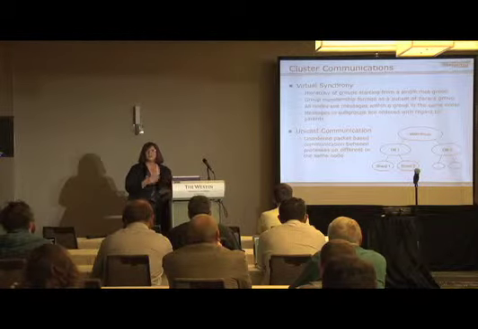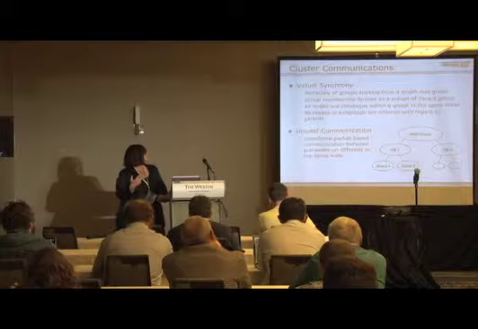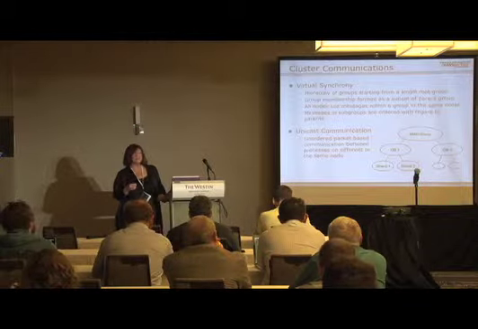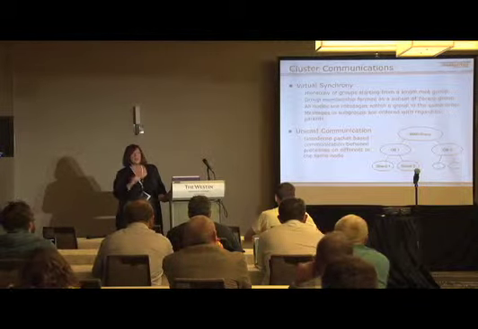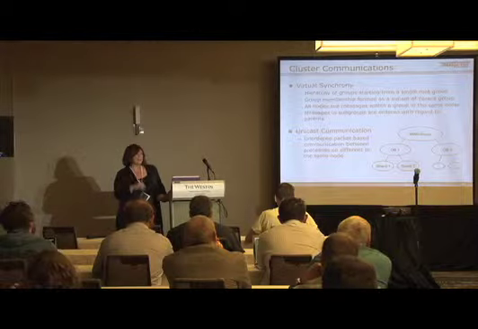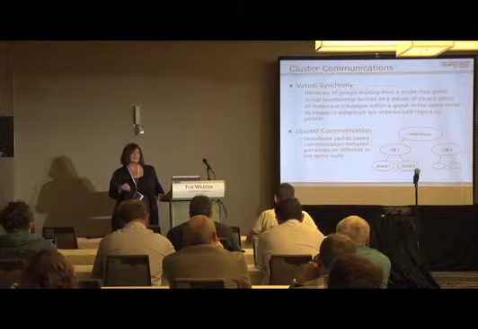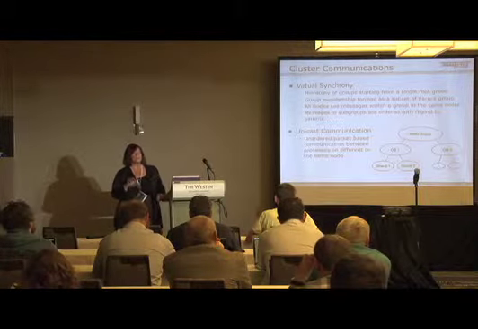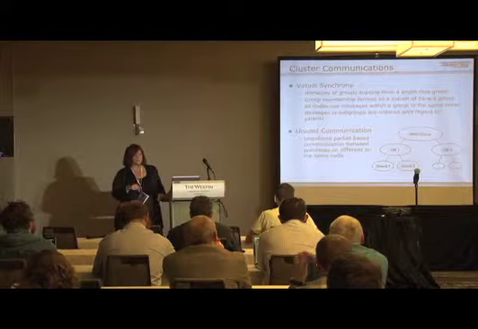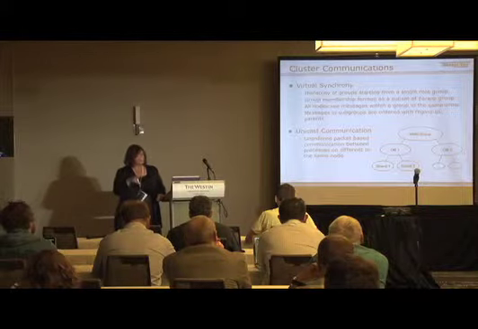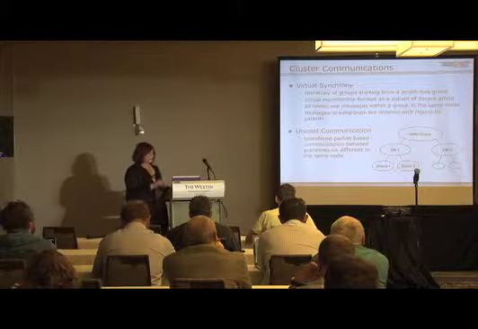Nodes communicate in a number of different ways. One is through virtual synchrony. As I said, when you have lots and lots of users connecting to the system, you may only have a subset of nodes that need to participate in any given transaction to satisfy the query request. So when that happens, those nodes form a group and they communicate.